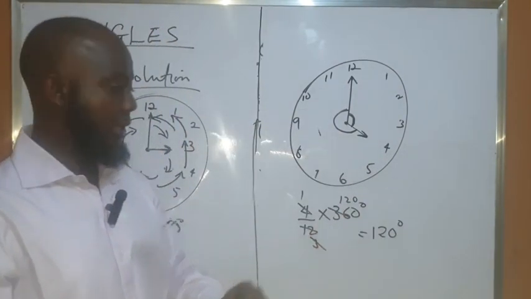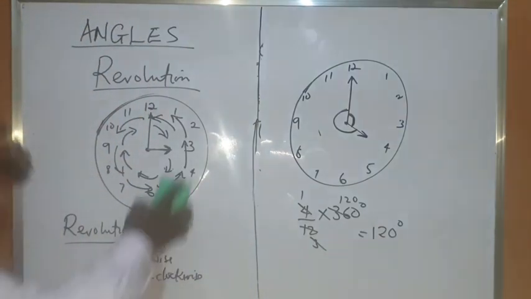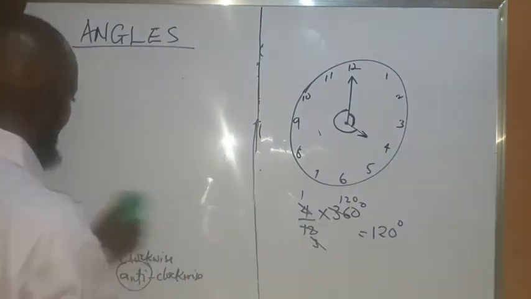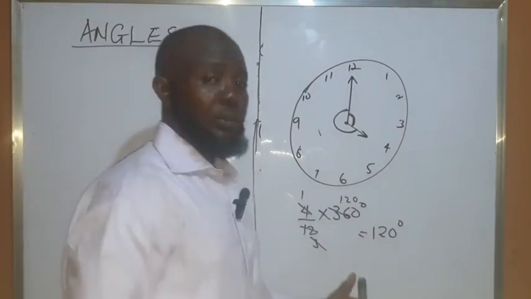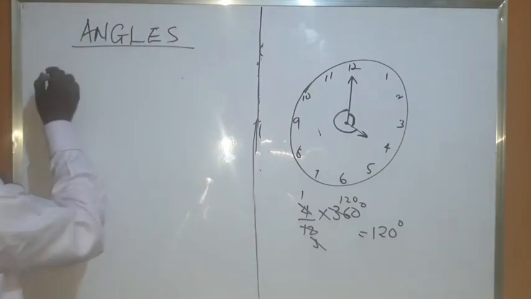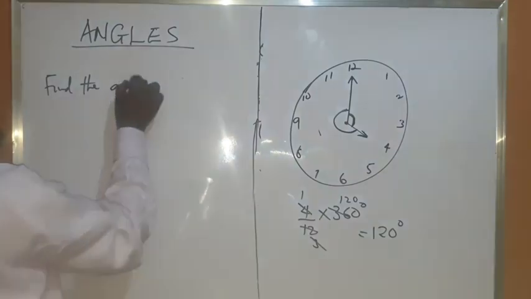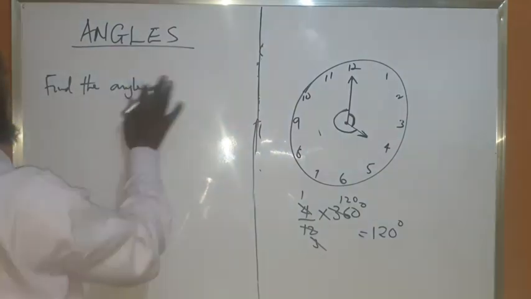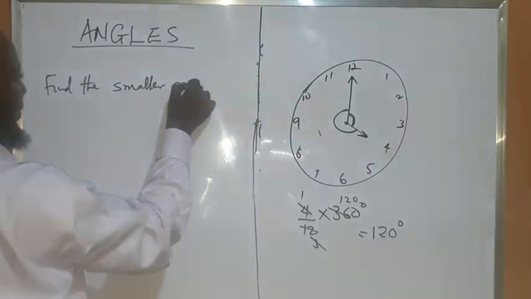So the question can come another way. Sometimes this clock will not be drawn for you. Just have this: find the smaller angle between the minute and the hour hand at 4:15.